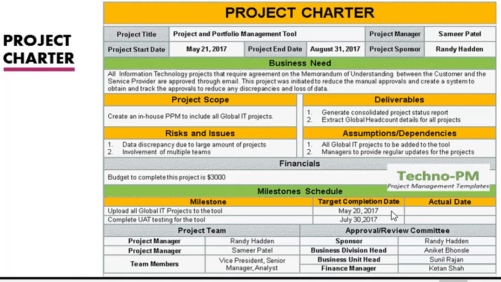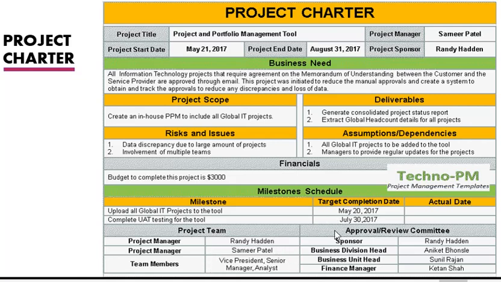Also, as the plan progresses, or as the execution starts, the actual date has to be written later. And yes, the second activity is here. Then the project team is also mentioned: project manager, names of project managers and other team members are given. Sometimes team members' names are provided, sometimes only their designations are mentioned.